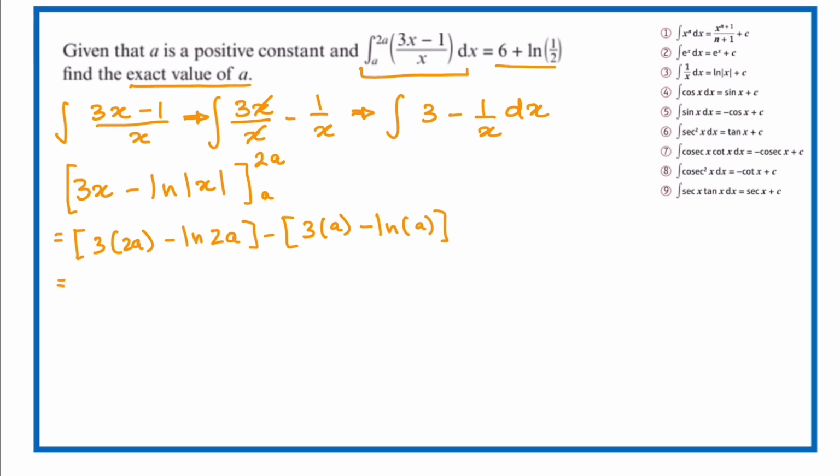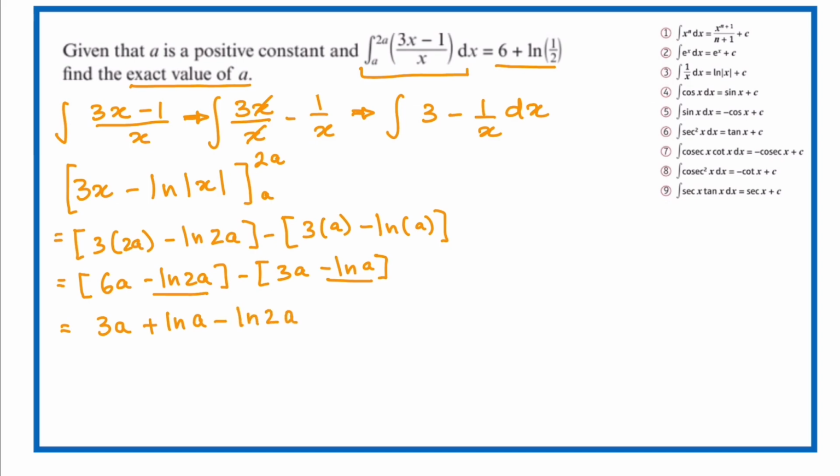So if you simplify this down, that becomes 6a minus ln 2a minus 3a minus ln a. 6a minus 3a gives me 3a, and here I can rewrite this ln in a different way. So minus and a minus ln gives me positive ln a, and then I have the minus ln 2a.